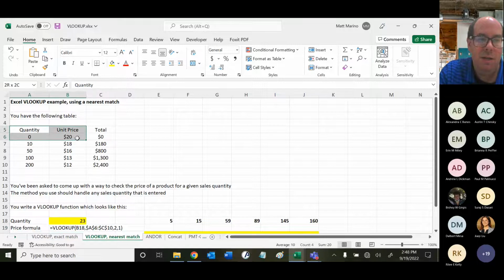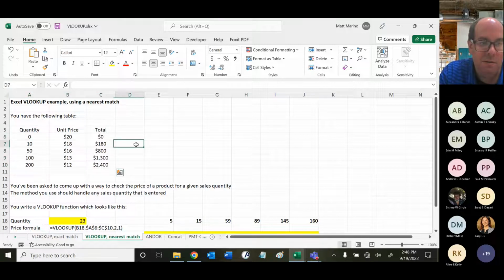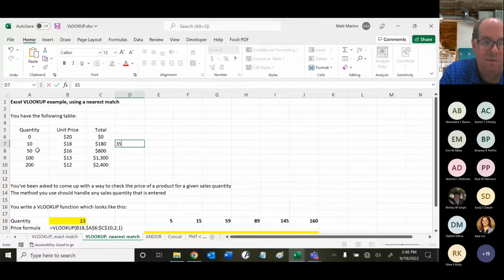So here we have quantity, unit price, total. So let's say you have 35. So that's in between 10 and 50, right? So VLOOKUP gives us the nearest match of the unit price.